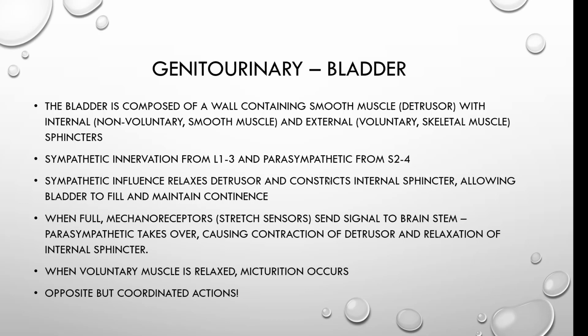The sacral bodies, actually, are what end up sending the ultimate signals, but the message gets sent to the brainstem. And when the parasympathetic output begins, the detrusor muscle contracts and the internal sphincter relaxes. So that's opposite, but they're both under parasympathetic control. The voluntary sphincter remains under voluntary control until you go to the toilet and release the voluntary sphincter and pee.